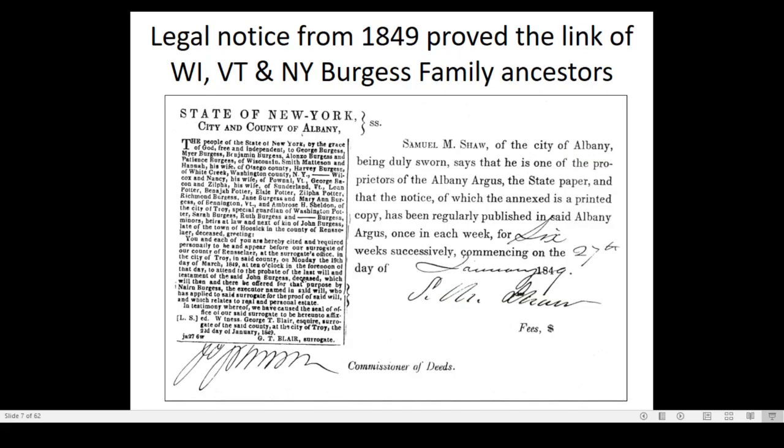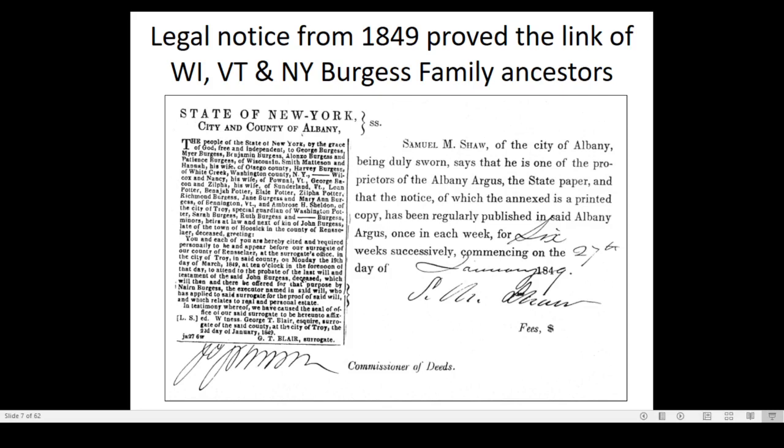Here's a legal notice that was in the newspaper. This is my favorite one. It was from 1849, and what it did is it proved the link between my Burgess family here in Wisconsin to the Burgess family in Vermont and New York. It's a legal notice.